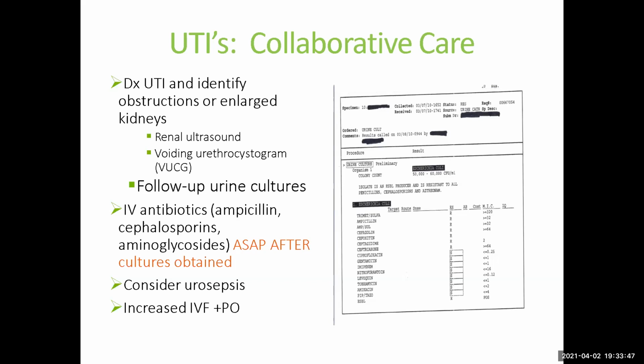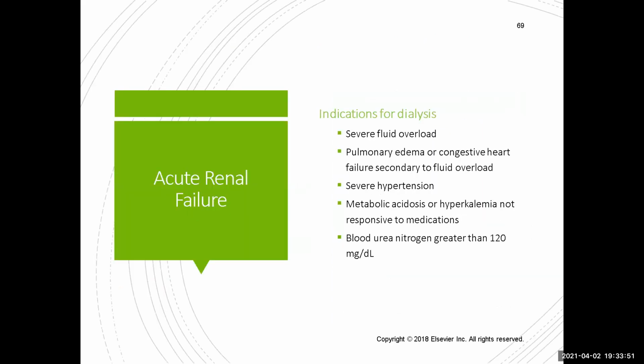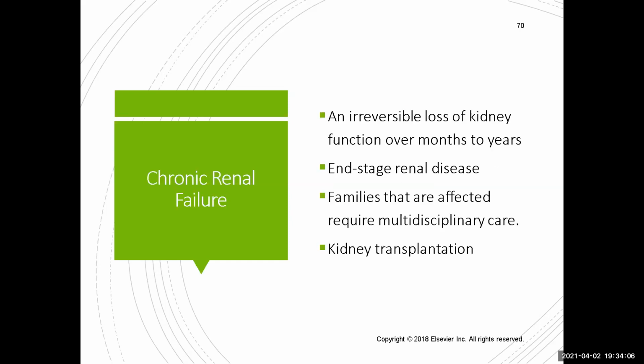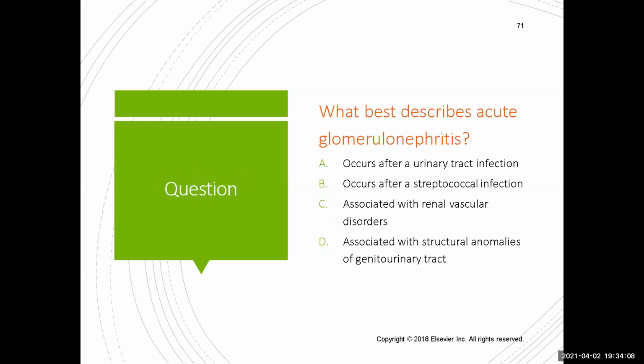Renal ultrasound, avoiding voiding cystourethrogram. These are for acute renal failure, indications for dialysis. Because we're not really going into that, okay, so what best describes acute glomerulonephritis?